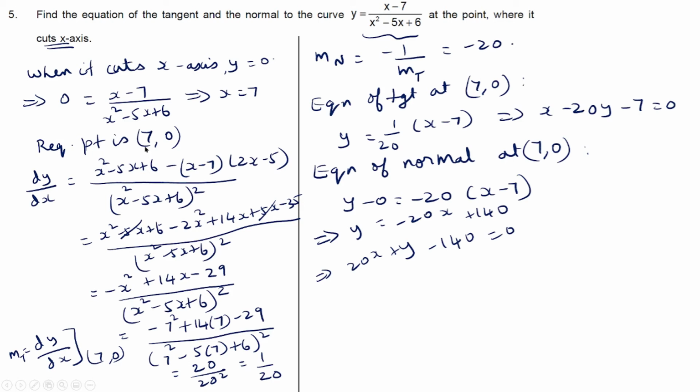So the required point, the tangent and the normal, they are at this point 7, 0. So we can find the slope of the tangent at this point and slope of the normal, and we can find the equation of the tangent and equation of the normal using the information that we just now got.